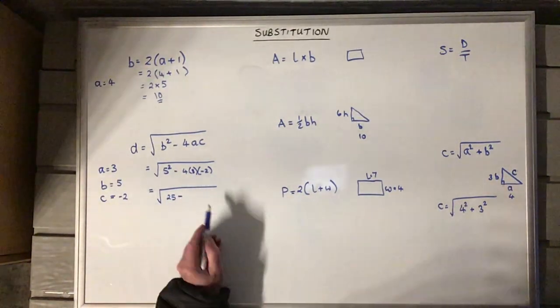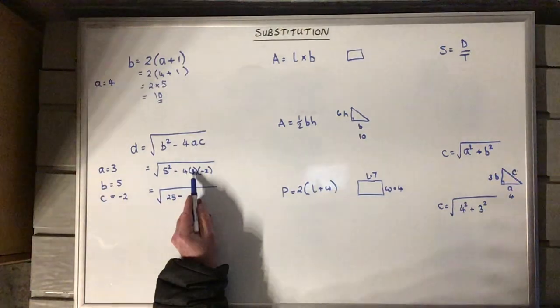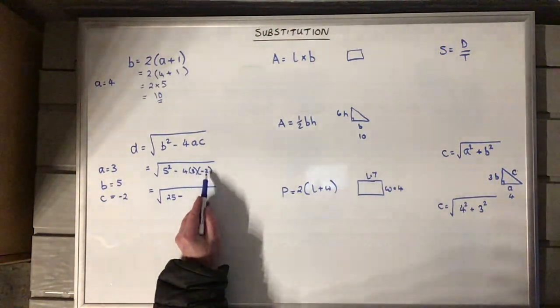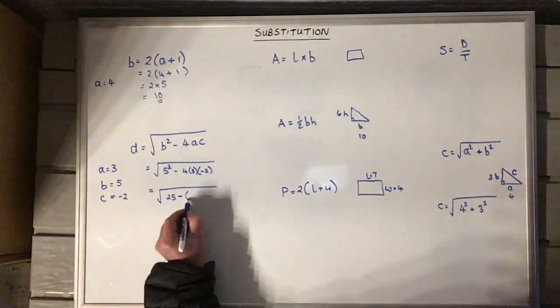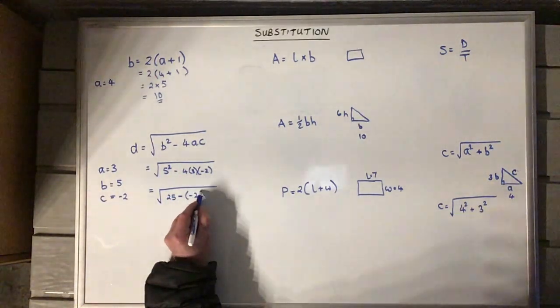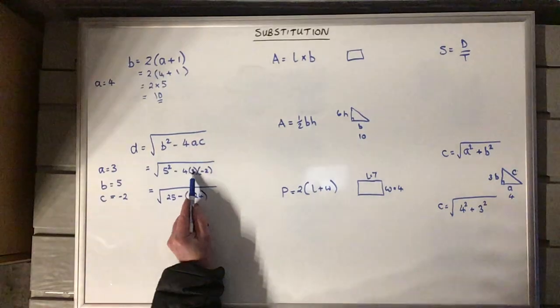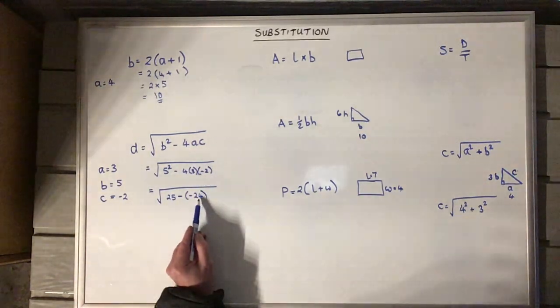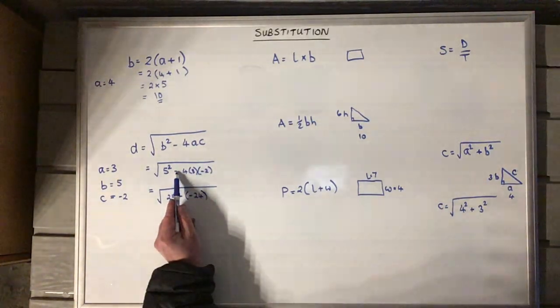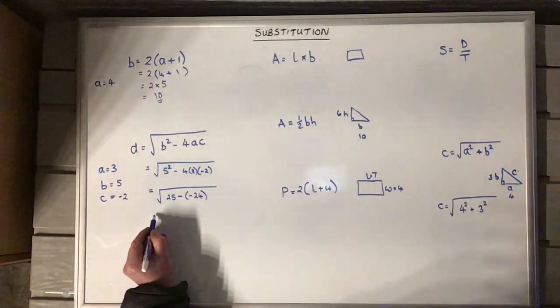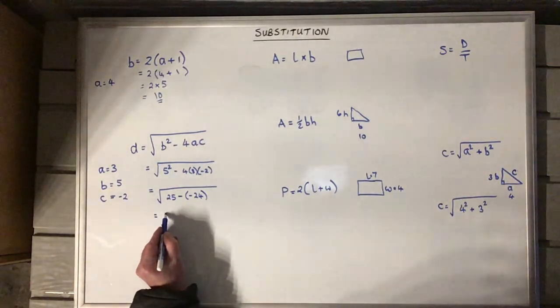Minus, well, 4 times 3 is 12. 12 times -2 is -24. So 4 times that gives me -24, but there's a subtraction outside, so you should know your rules for integers.